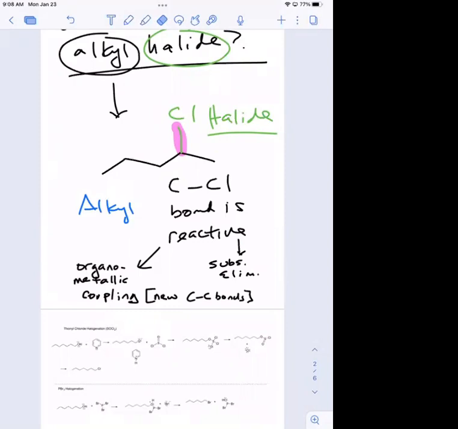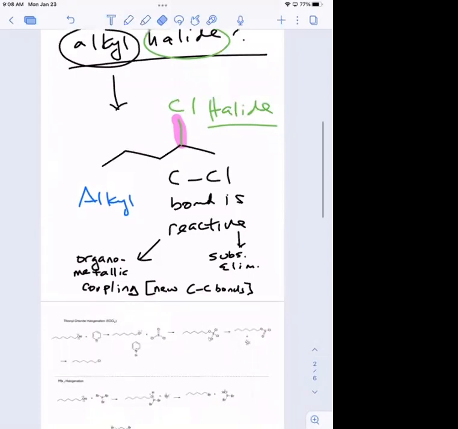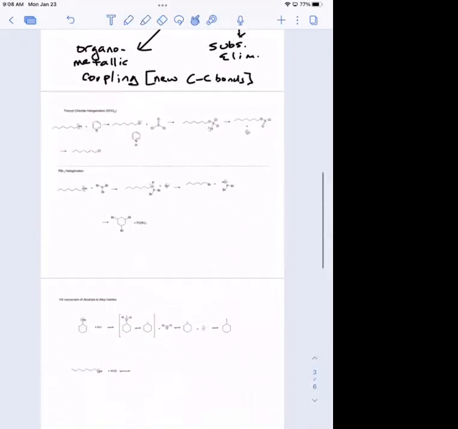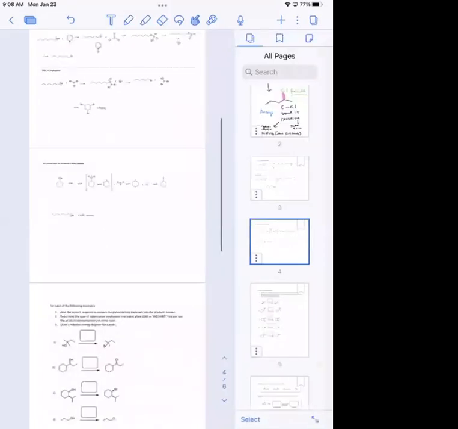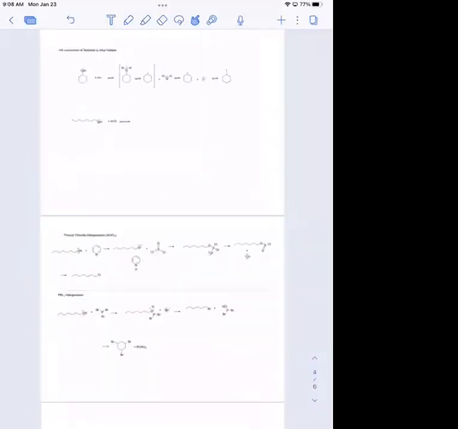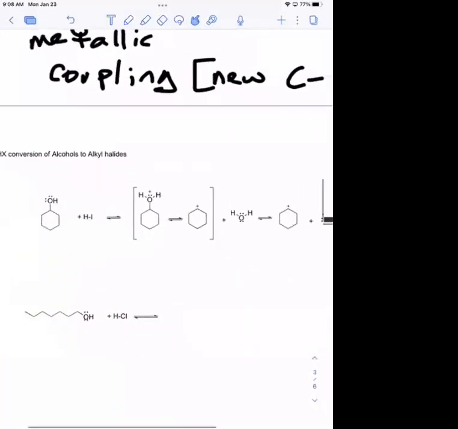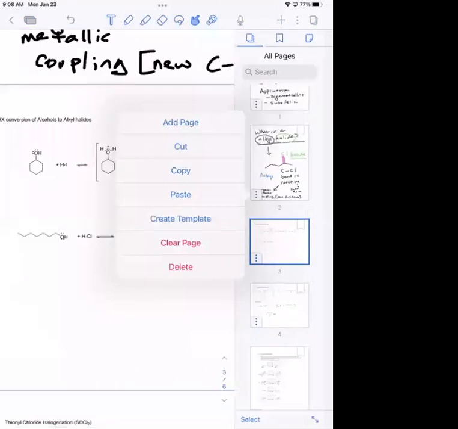So when we use alcohols to make them, this is one way to synthesize them, and it's a very facile method. And I need to move one of these pages up because I want to start with this reaction right here. So, there we go. All right, so let me just put another page here.